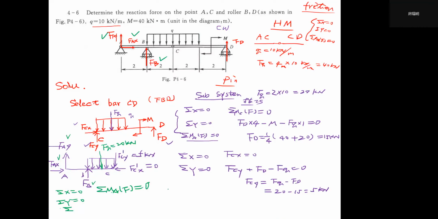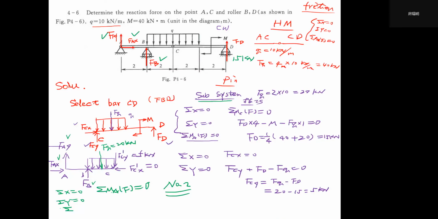The other choice, let me tell you guys, the second choice. What is the second choice? This time we can select the whole part as an object to be studied. Why? Because after we use this subsystem, we have found the magnitude of FD successfully. So this time we know FD equals 15 kilonewtons.